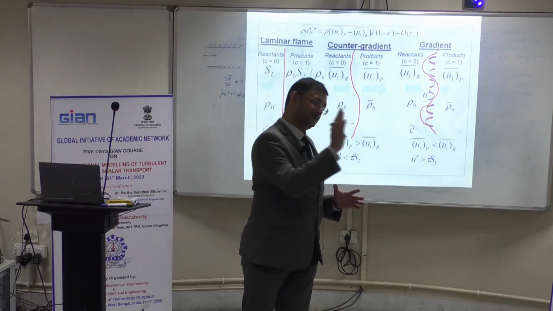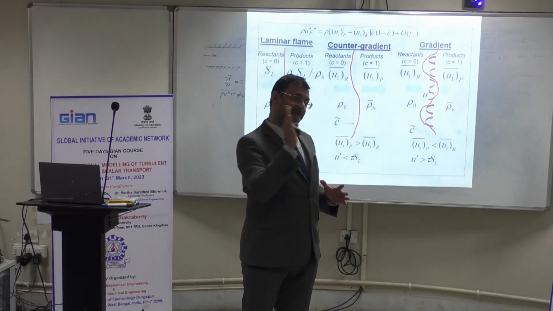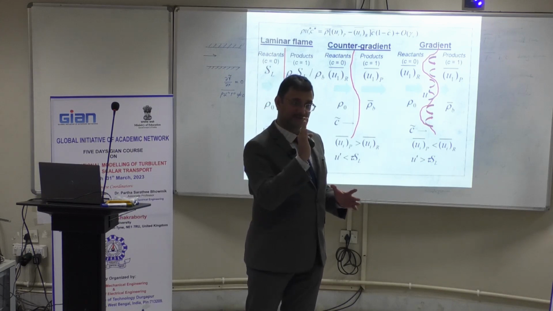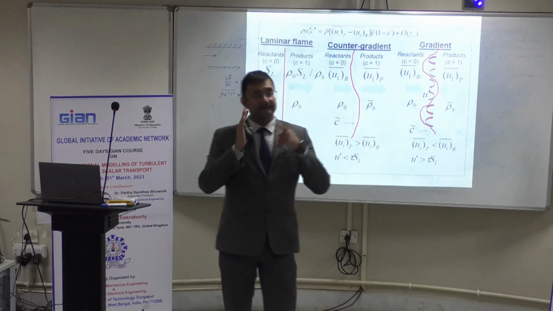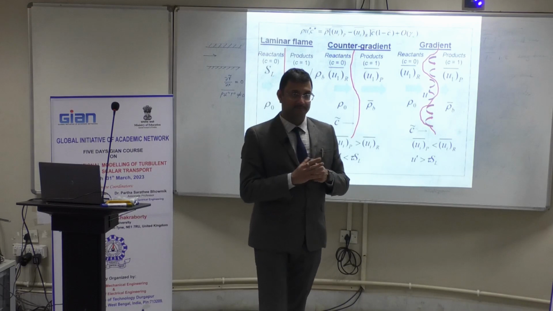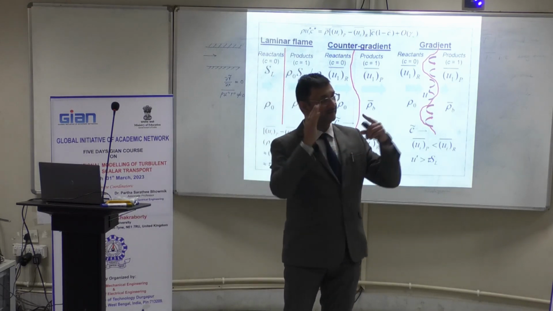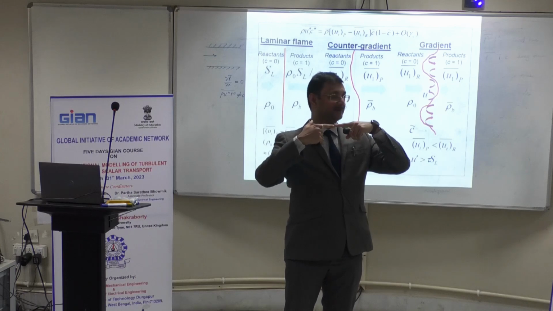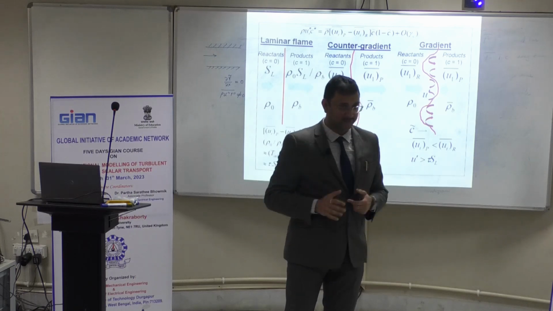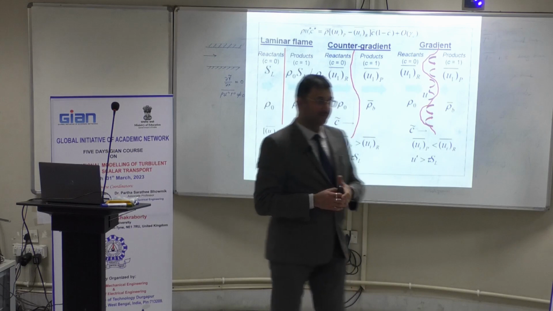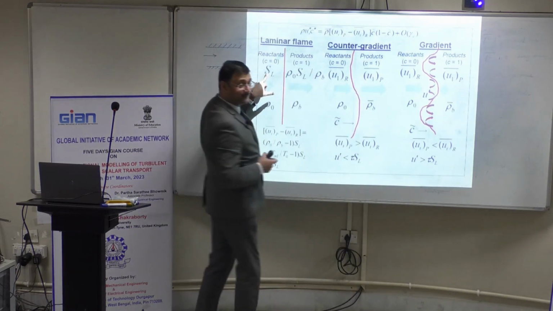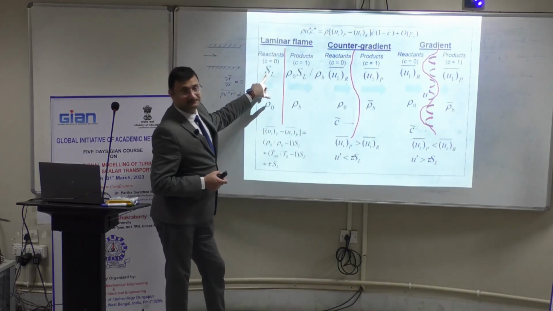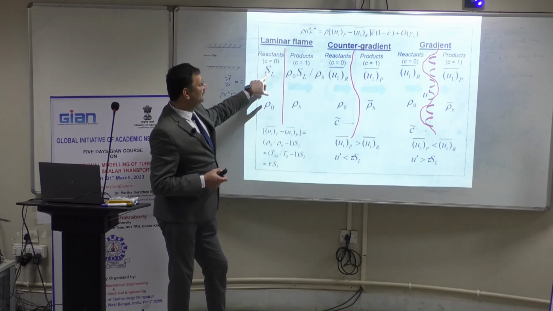Laminar flame is trying to move towards the reactants with a laminar burning velocity. If you are seeing a stationary flame in naked eye, that means the velocity essentially balances the laminar burning velocity. That's why flame is not moving. So the fluid velocity coming from here is SL, laminar burning velocity.